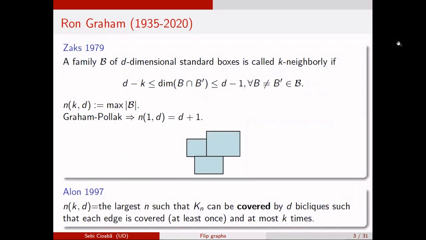It has a geometric kind of application, and this goes back to the work of Sachs in the late 70s, who studied families of k-neighborly polytopes.